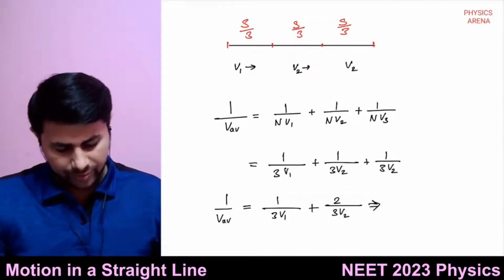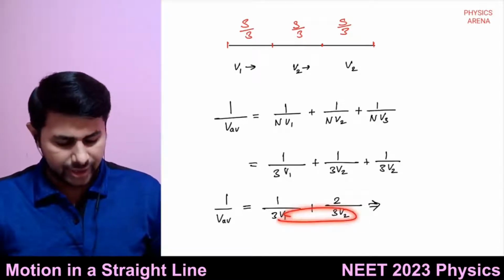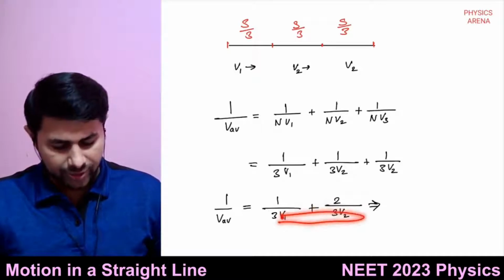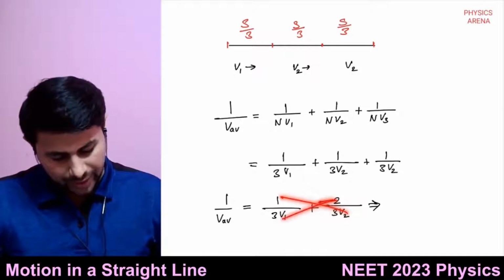Okay, and then what do you get? So now make the denominator the same. So it will be 3 times v1 v2, multiply v2 to this term and multiply v1 to this term.